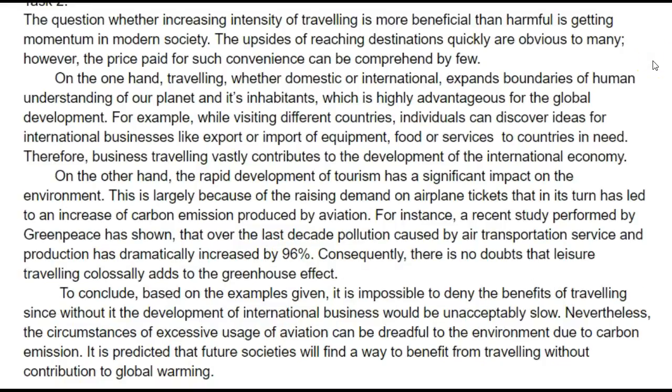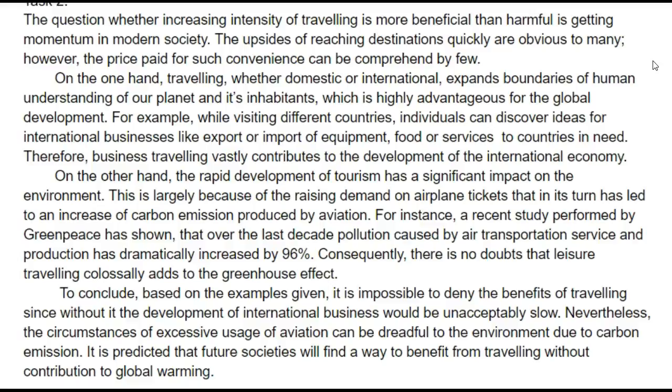Here we go. So the question of whether increasing frequency of travelling is more beneficial than harmful is gaining momentum in modern society. Questions tend not to gain momentum; questions tend to increase in frequency or become more common.